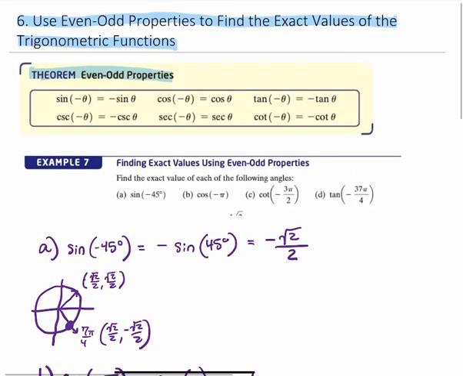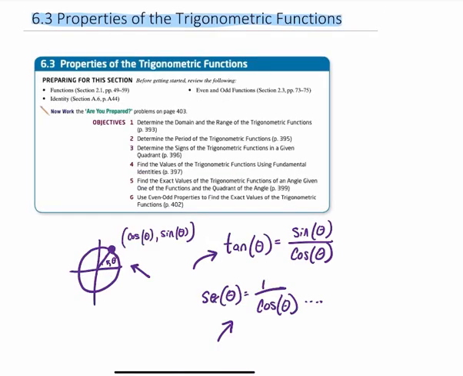All right, so this was 6.3. We didn't look at domain and range. I'm actually going to go over this in the next video whenever we look at the graphs of these functions. I think that's a good place to consider domain and range. But we described the periodic nature of these trigonometric functions, how if we know the quadrant of our angle, we know the signs of the trigonometric functions.